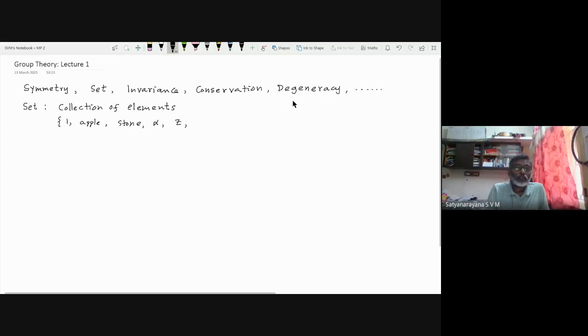Okay, so I can have mutually unrelated things. There should not be any relation. So apple is not same as one number, and stone is different from apple. This is in some sense inorganic. This is organic. This is Greek. This is English.